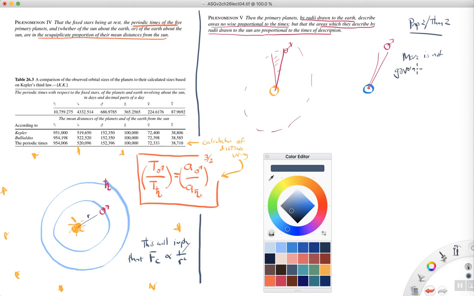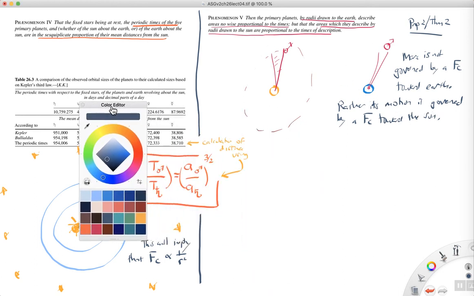Its motion is not governed by a centripetal force toward the Earth. Rather, its motion is governed by a centripetal force toward the sun. Or if there is a centripetal force toward the Earth, it's negligible. It's very small compared to the centripetal force it's feeling toward the sun.